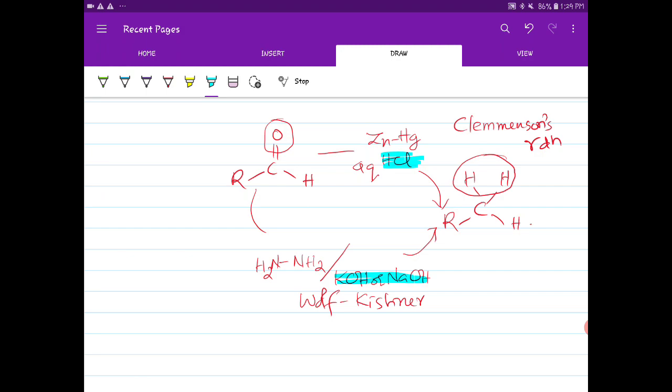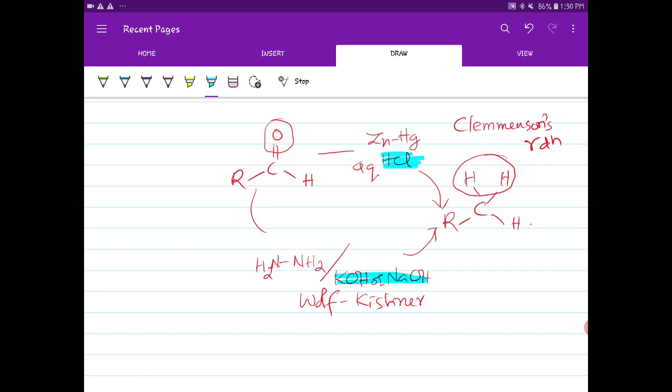And Clemmensen's reduction is easy to perform, but it may fail for some acid sensitive aldehydes and ketones, and also it is not applicable for aldehydes having high molecular weight. Ketones have a better inclination towards Clemmensen's reduction than aldehydes.